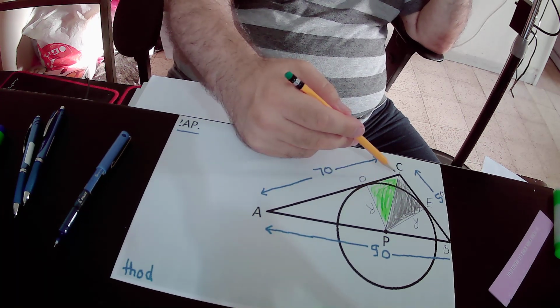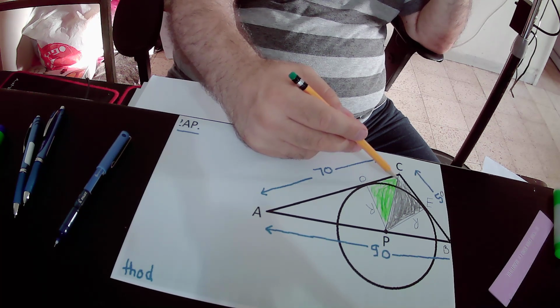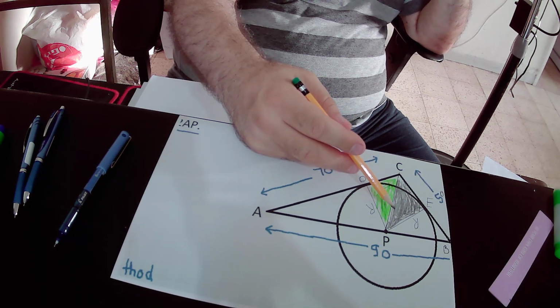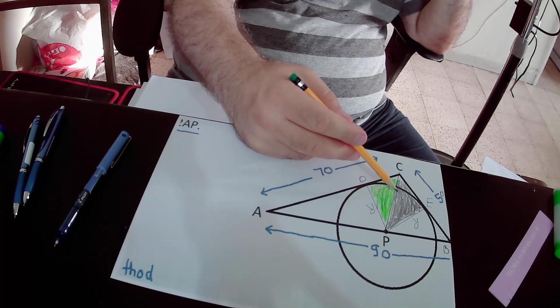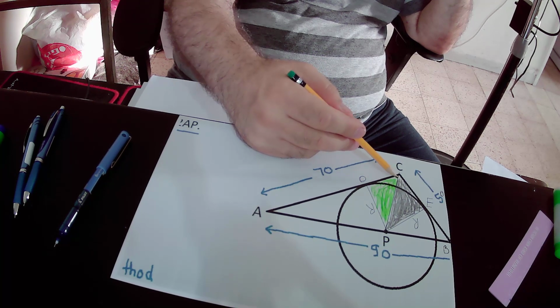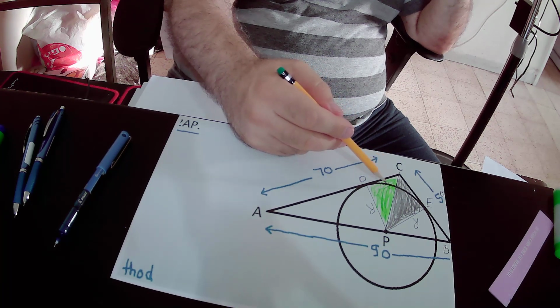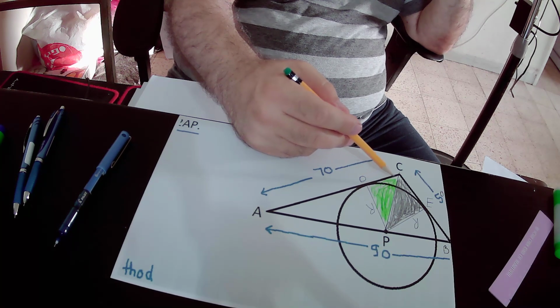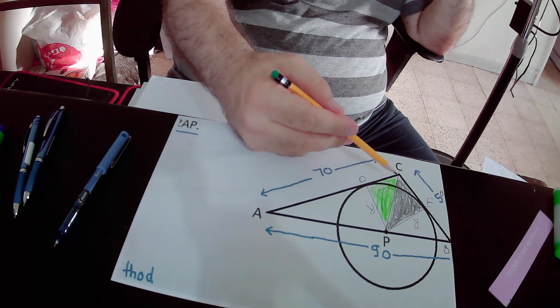Actually, side PC is a common side because side PC belongs to the green triangle, and it also belongs to the black triangle.